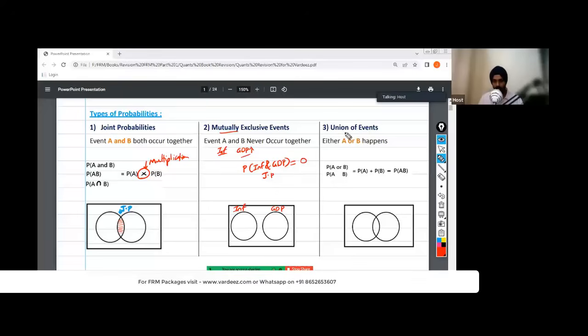Okay, what about union of events, also known as the addition rule? Now, union of events means that either A happens or B happens. For example, either inflation happens or GDP will go up. Either of these two things happen.